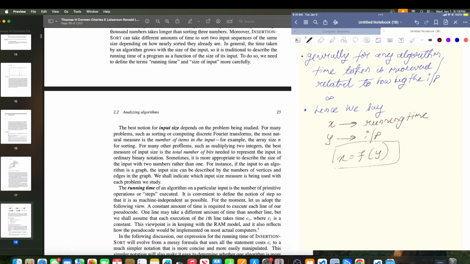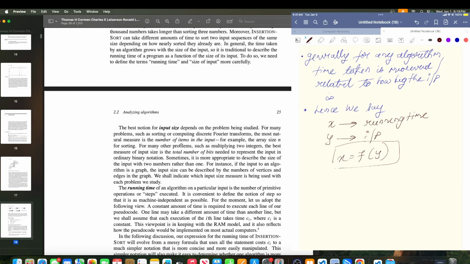The best notion for input size depends upon the problem being studied. For many problems such as sorting or computing the discrete FFT, the most natural measure is the number of items in the input. For example, the array size n for sorting. For many other problems, such as multiplying two integers, the best measure of input size is the total number of bits needed to represent the input in ordinary binary notation.